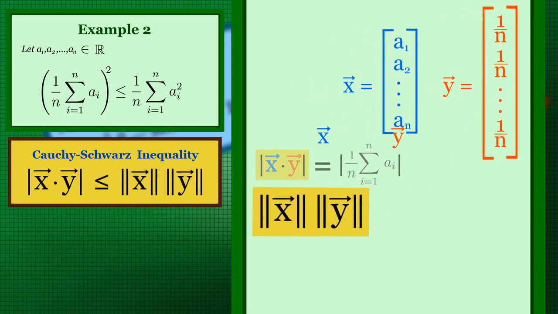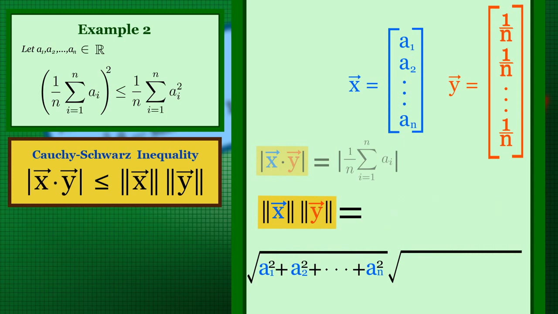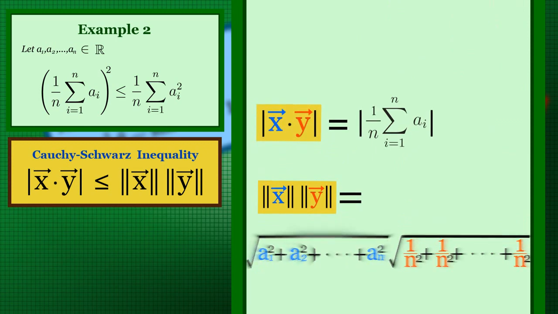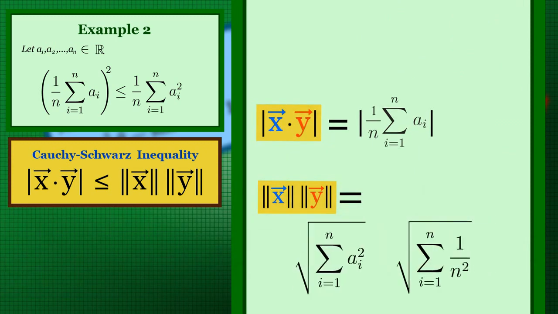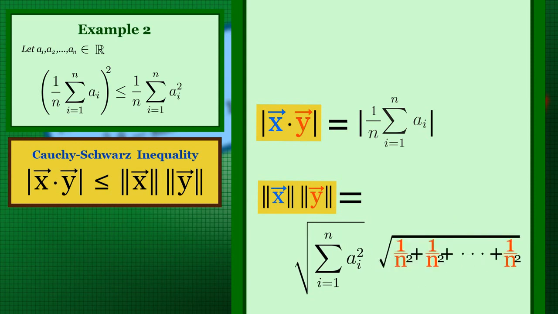As for the product of the norms, we have the product of the square root of the sum of the squared ai's, with the square root of the sum of 1 over n squared from i equals 1 to n. But adding 1 over n squared n times is just n times 1 over n squared, or 1 over n. This gives us 1 over the square root of n.